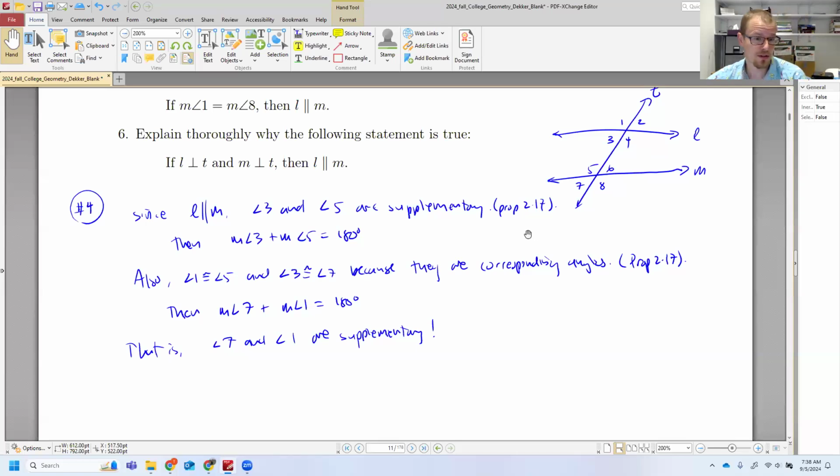Then I can do some substitutions. Supplementary gives me an angle measure, linear pairs give me some new substitutions, and that would result in angle 3 and 5 being supplementary, which would give me that L is parallel to M. So I can go both ways here, with slightly different justifications, having to use the idea that linear pairs are supplementary, but it gets us where we need to go. So number 4 worked correctly, as well as worked backwards, described verbally.